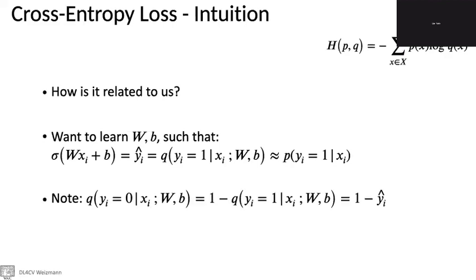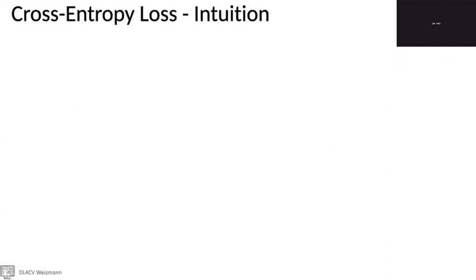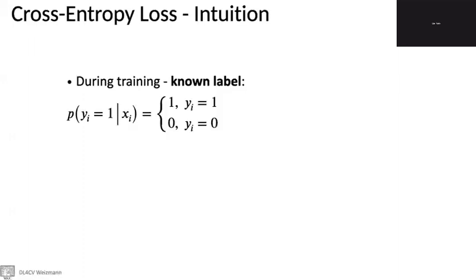And another thing that we saw before, if we're looking at the negative class, the probability of it being classified as 0 is just 1 minus the prediction yi hat. Given the training data set, we know the label yi.